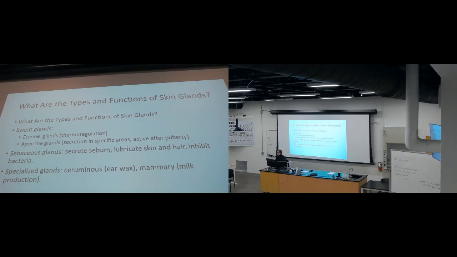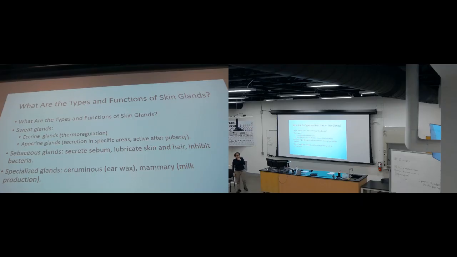Now, these eccrine glands are not associated with a hair follicle. Then there is the other function of the apocrine glands. Now, the apocrine glands, which are active after puberty, are glands that are located in specific areas, like the axillary area and the inguinal area, the groin area.